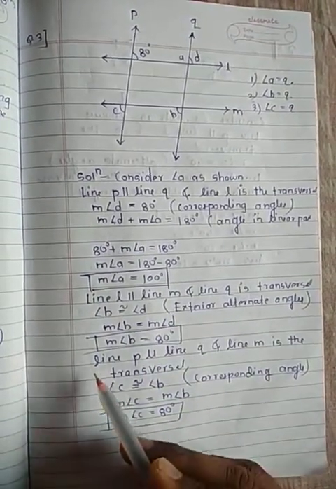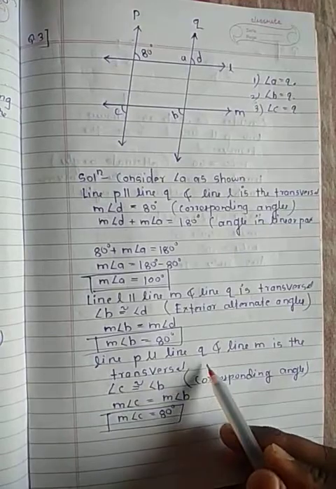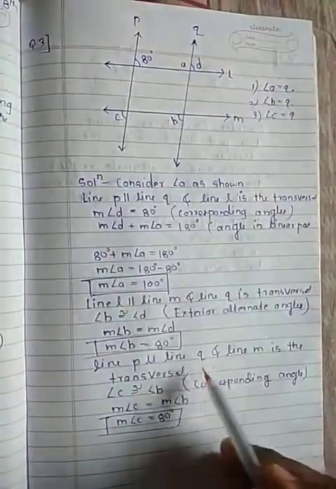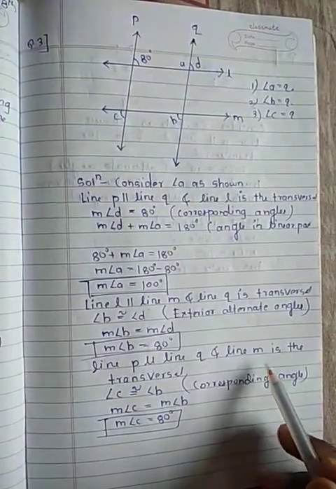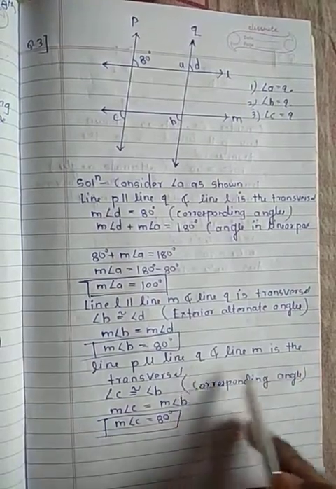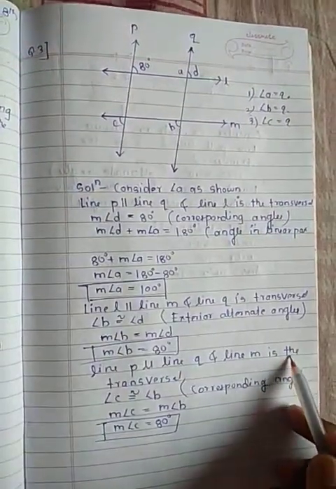Next, students, line P is parallel to line Q, and here M is the transversal. So here line M is the transversal to consider.